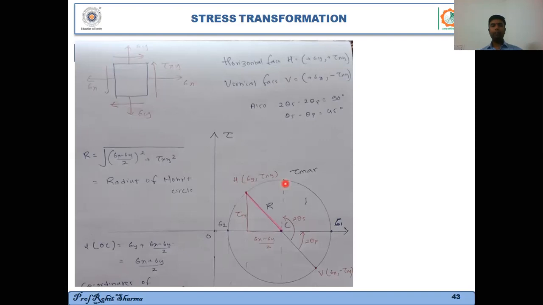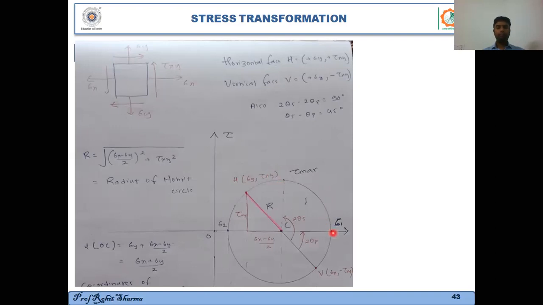Now we can plot a few additional points onto this circle. First, we can plot maximum normal stress and minimum normal stress, right? So if you consider this circle, each and every point on the circle will represent the state of stress at a particular point at a particular orientation, right?